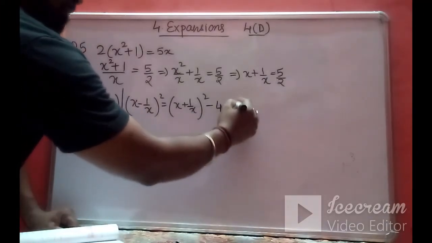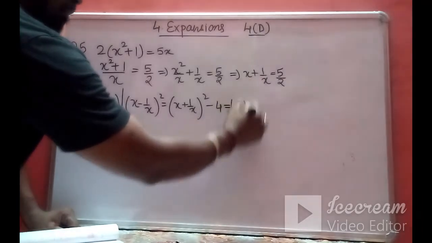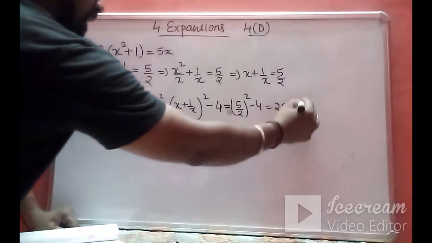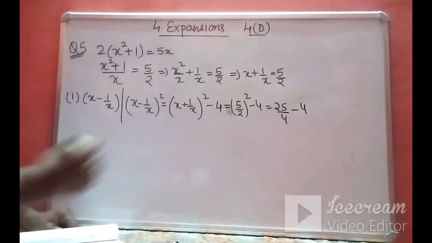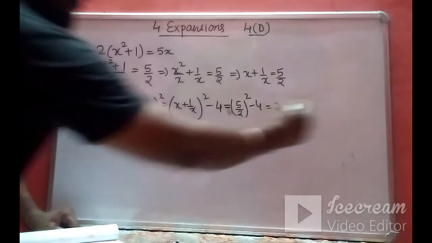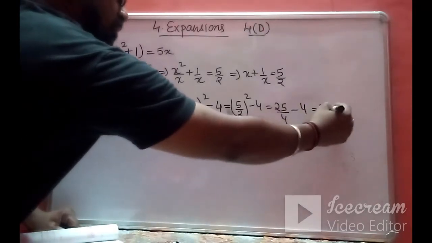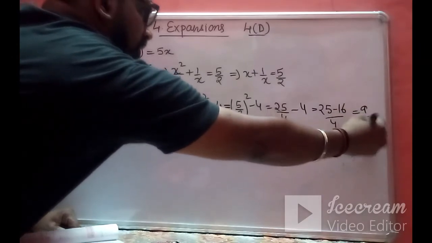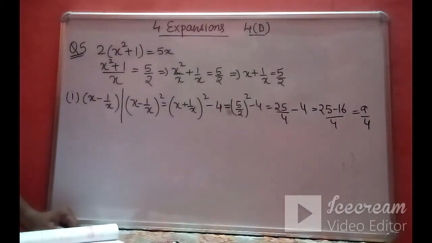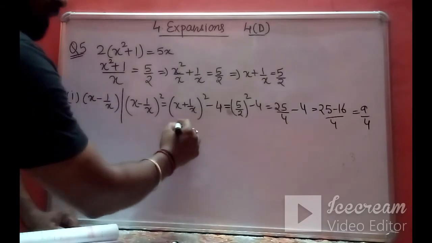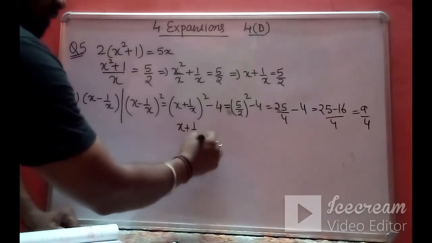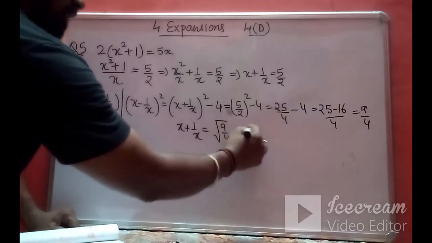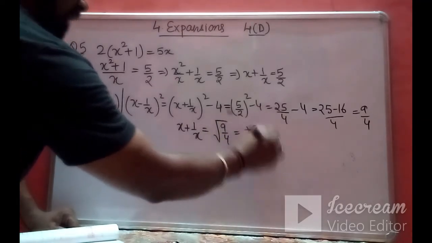It is (5 upon 2) whole square minus 4. So it is 25 upon 4 minus 4. So what finally will we get? We will get (25 minus 16) by 4 equal to 9 by 4. So this is the value of (x minus 1 upon x) whole square. So finally x minus 1 upon x is the square root of 9 by 4, or we can say plus minus 3 by 2.